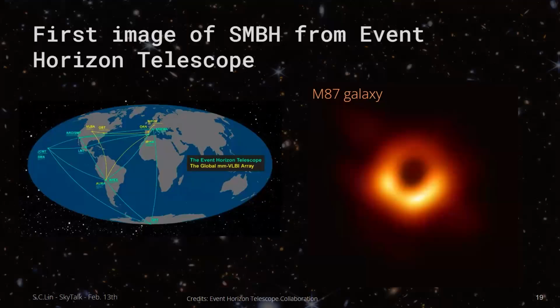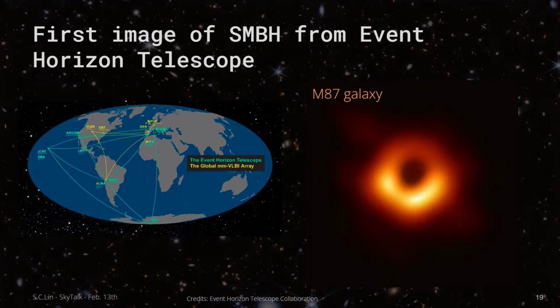And since we have the very first detection of a stellar black hole by the LIGO laboratory, here we are showing you another direct image, the very first image of a supermassive black hole ever made by scientists. It's basically connecting all kinds of radio telescopes across the entire Earth to make a really large telescope in order to capture this image.